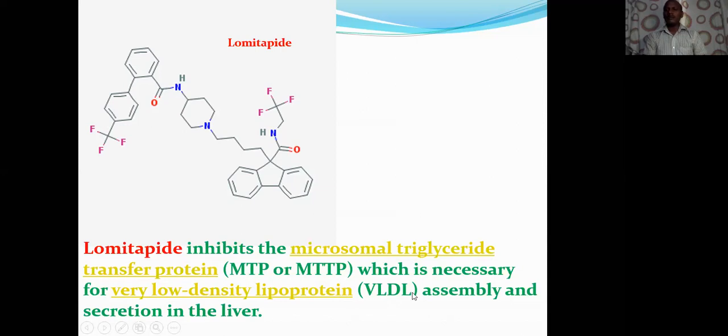And we know that LDL comes from VLDL via IDL: VLDL, IDL, and LDL. So if VLDL is not there, LDL cannot be synthesized. Triglyceride is one of the components of VLDL, so we are inhibiting the transport of triglyceride by inhibiting the transporting protein. An example is lomitapide.